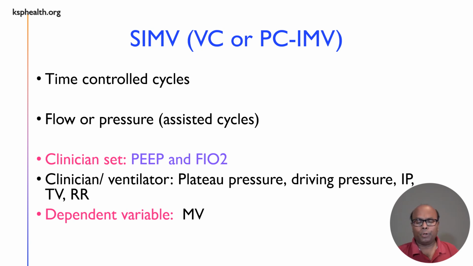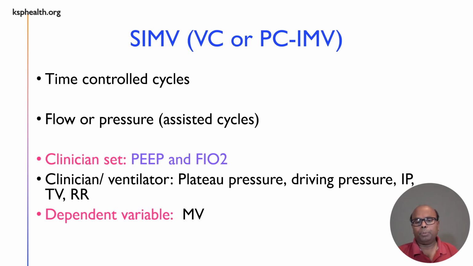Another commonly used mode is synchronized intermittent mandatory ventilation. The support can be either volume control or pressure control. These are our time controlled cycles. The assist cycles can be either pressure or volume.